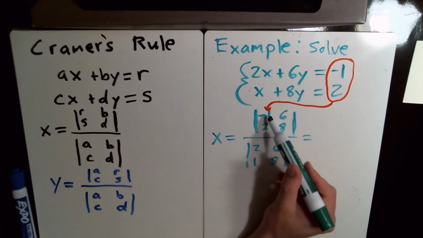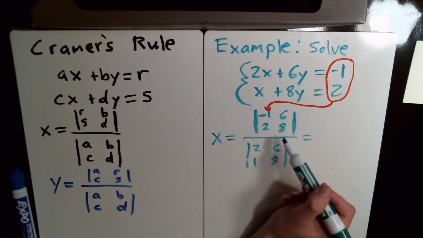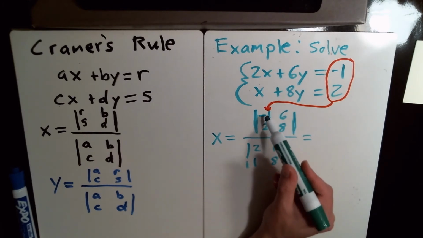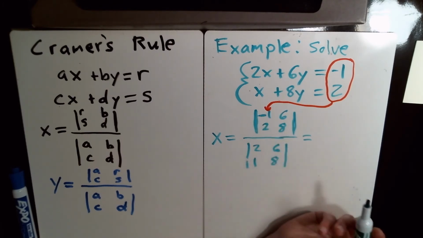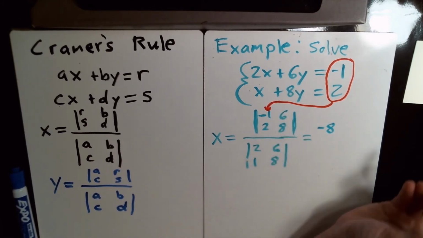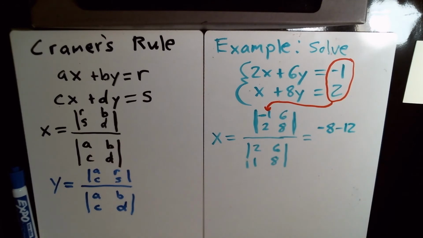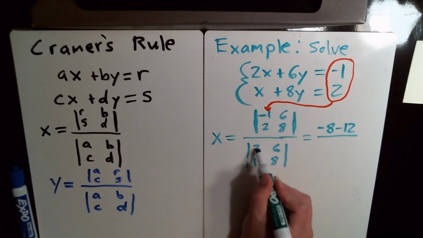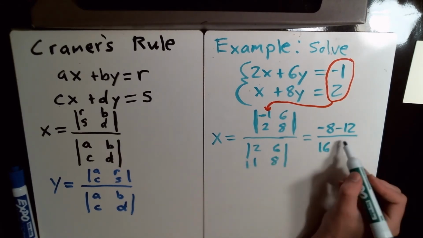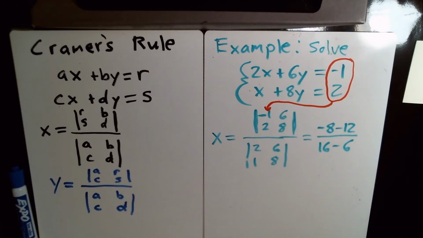To do a 2 by 2 determinant, sorry, that's almost a tongue twister, you multiply these two times each other, so -8, and then subtract these two times each other, so -12. Divided by, we do these two times each other, so 16, minus these two times each other, so -6.